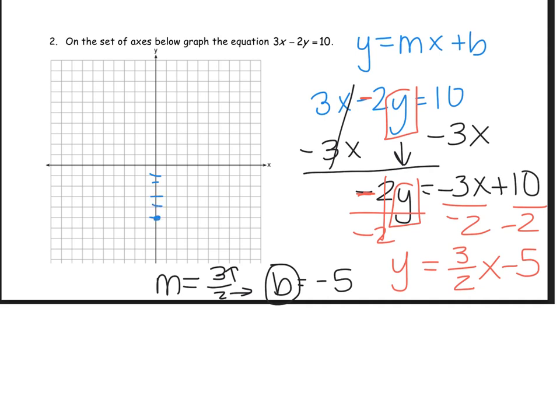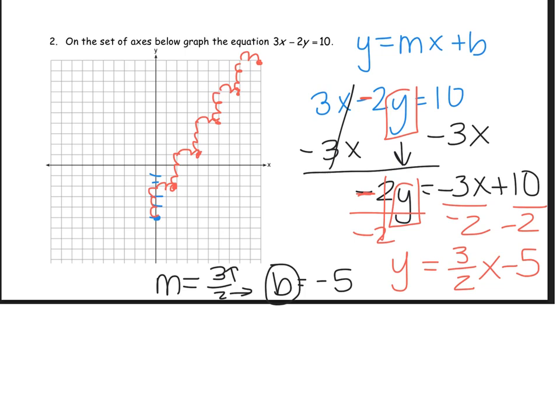Okay, and I'm going to go up 3 over 2, up 1, 2, 3 over 1, 2. That's my first point. Up 1, 2, 3 over 1, 2. Second. All right, so that's my first half here.